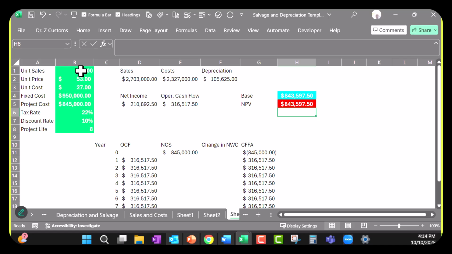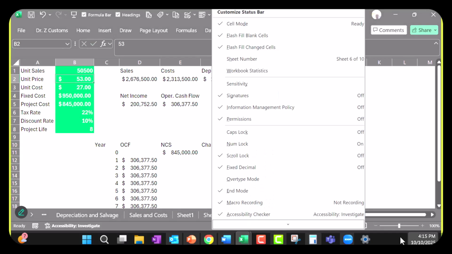Now all I have to do is change this. Instead of 51,000, I'm going to have 50,500.